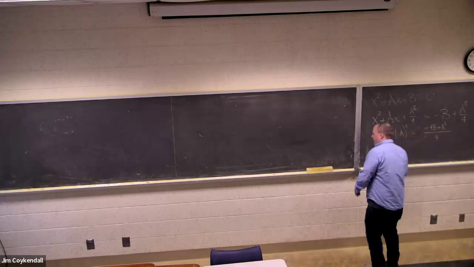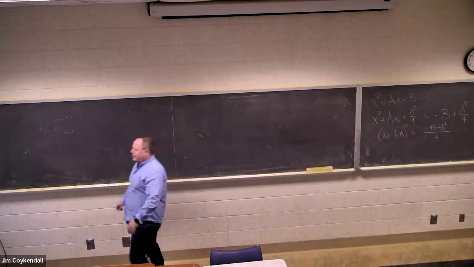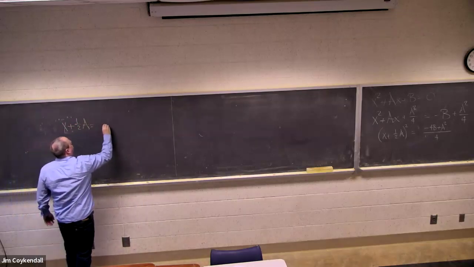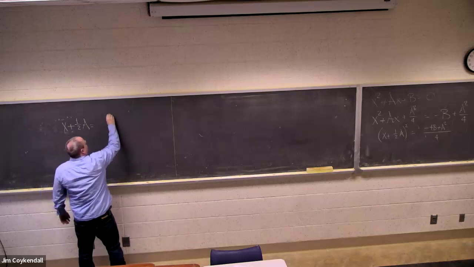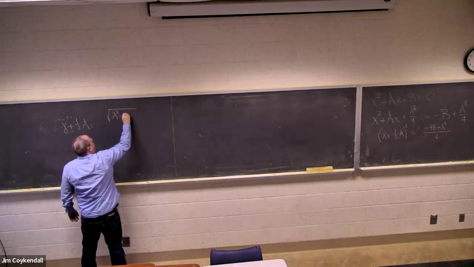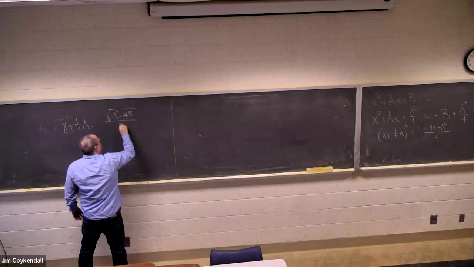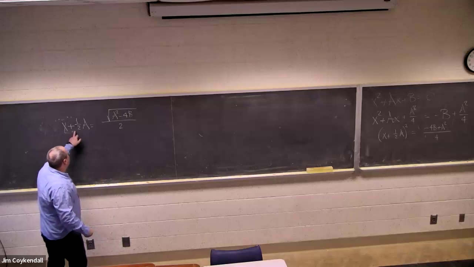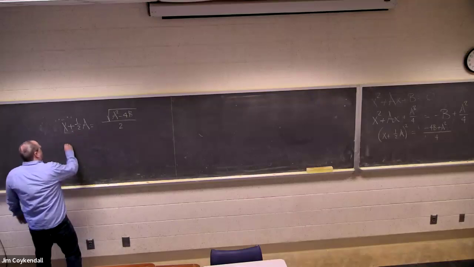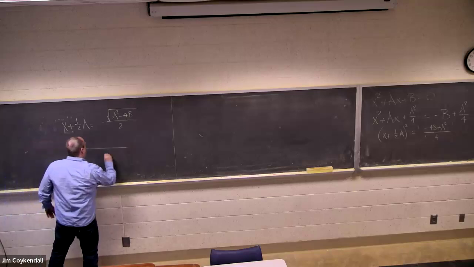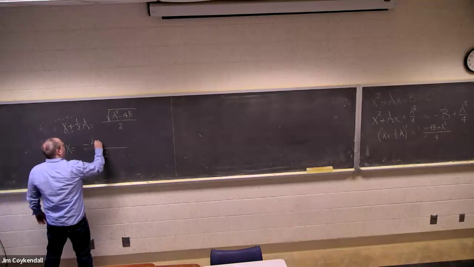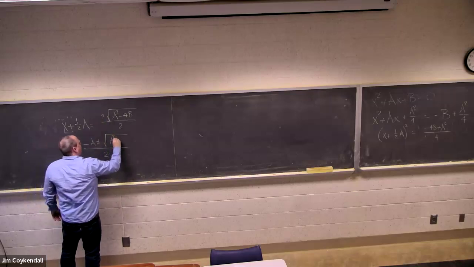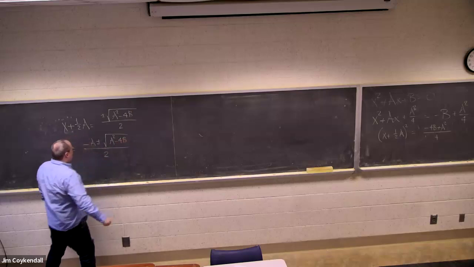And if we extract the square root of that, and that's an important thing, I get the square root of a squared minus 4b over 2, right? And then I bring this over, and I get x is minus a plus or minus the square root of a squared minus 4b, over 2.